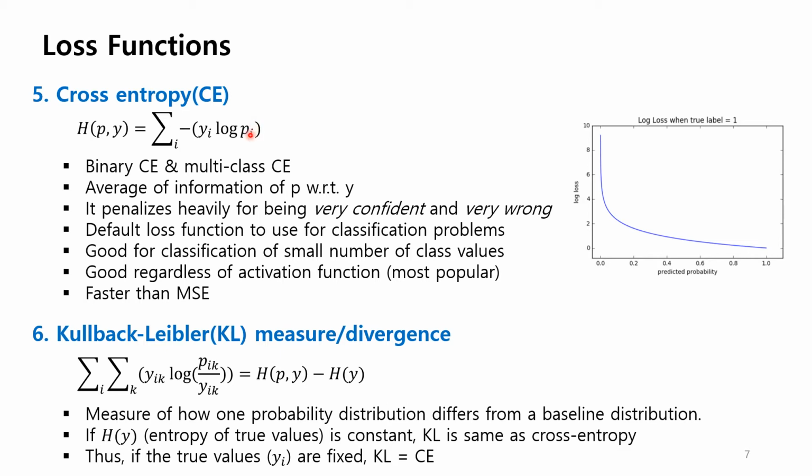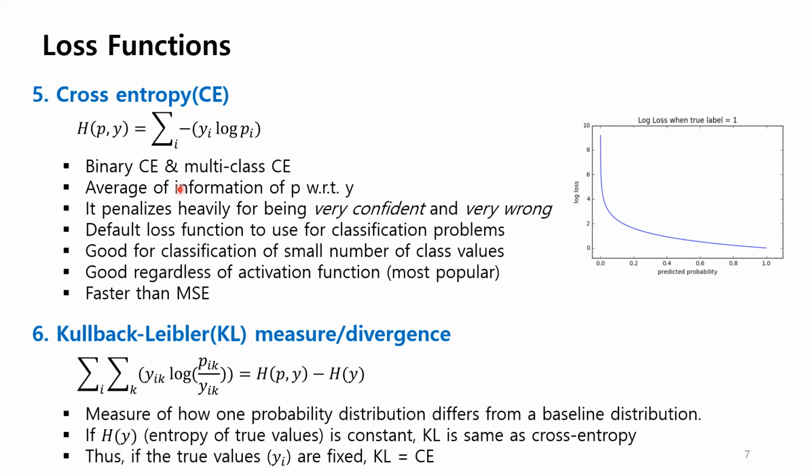That's the definition of information of probability p_i. So this one here is actually the average with respect to y. So basically cross entropy is the average value of information of p with respect to y. We calculate the average value of information of p with respect to y value. Okay, that's the definition of cross entropy.